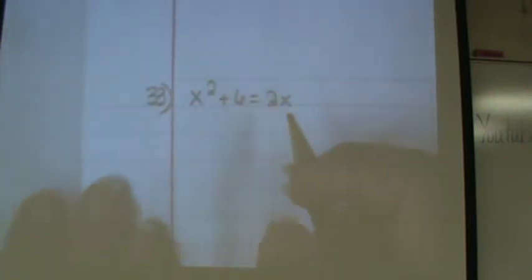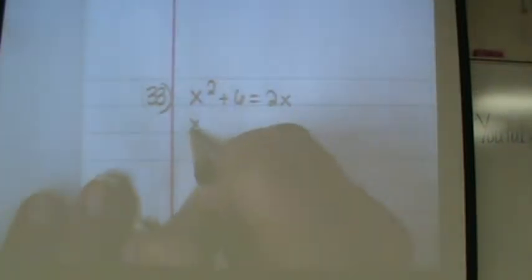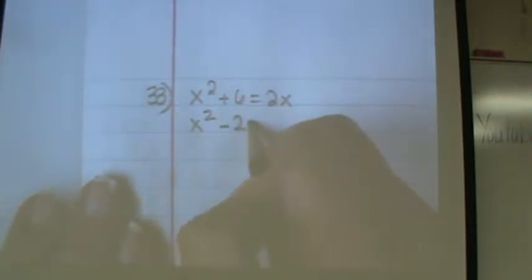33. You have x squared plus 6 equals 2x. You want to get this in standard form before you do anything.